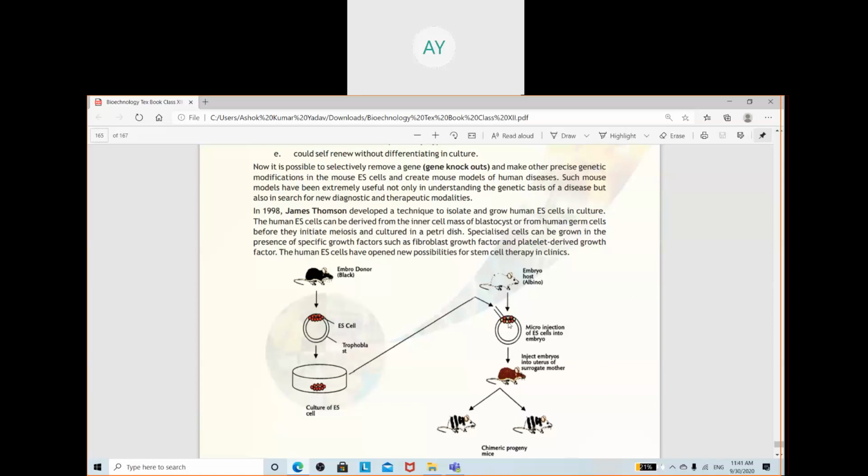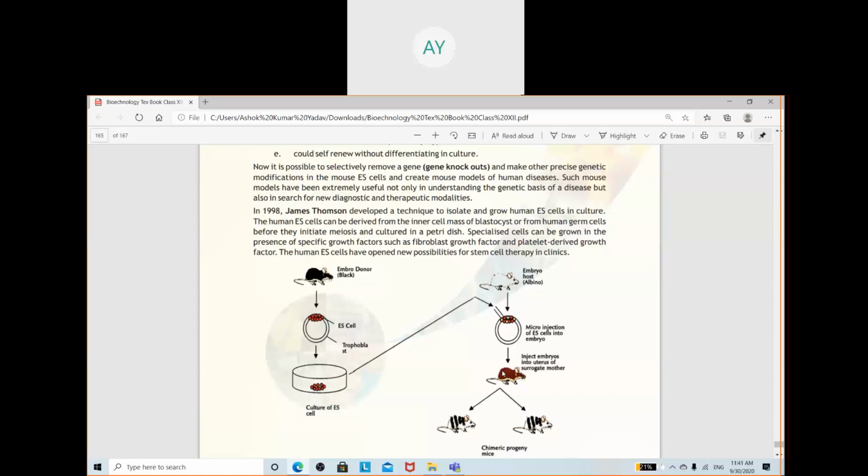After mixing, you develop the embryo inside the lab, and then you put that mixture of the embryonic cell of the black mice as well as the white mice into a third mice, not the albino mice, not the black mice. Both are the parents, but you are not utilizing any one parent. So you are going to inject into the third one, that is known as surrogate.